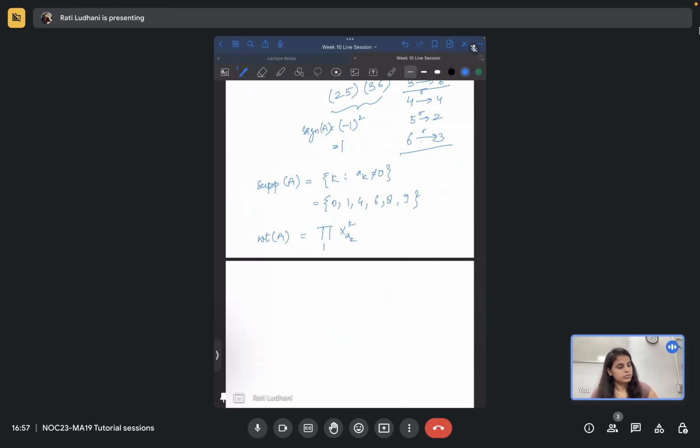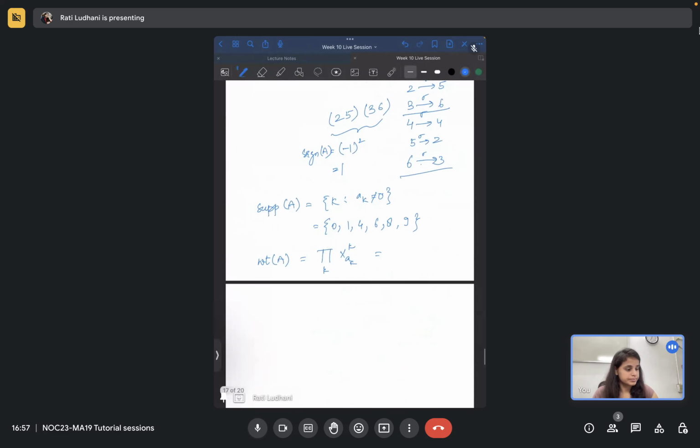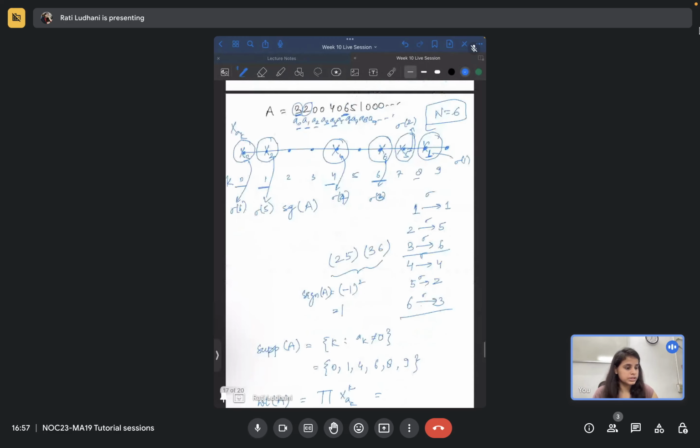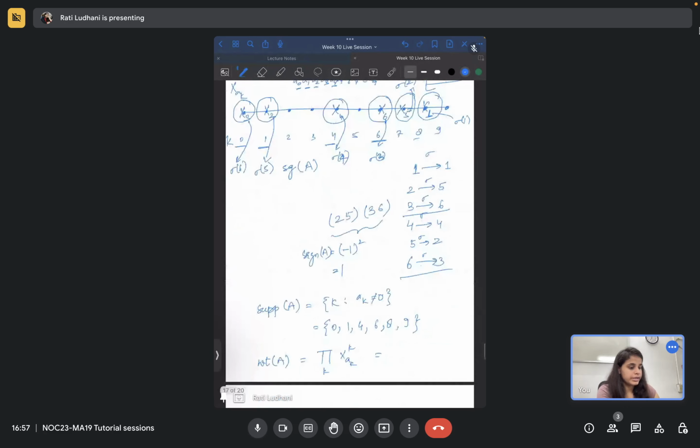What will it be? You consider the non-zero ones, only those will come. Here you can see at position 0, the subscript you write is a_k, which is 3, and the power is the position.